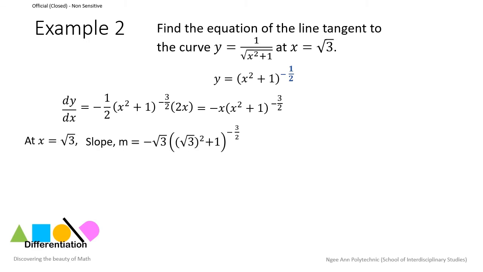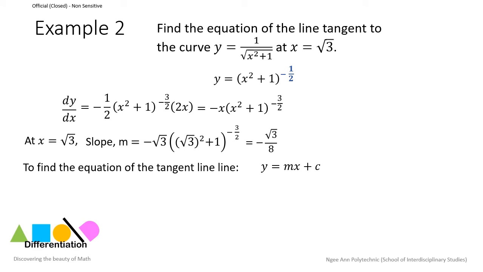Because we want the slope at a specific point, I'm going to substitute the specific x equals √3 into my dy dx to obtain the value of the slope at that point, which is given by -√3 over 8. And if you want to find any equation of a straight line, we use this expression y equals mx plus c, which is our general form of a straight line.